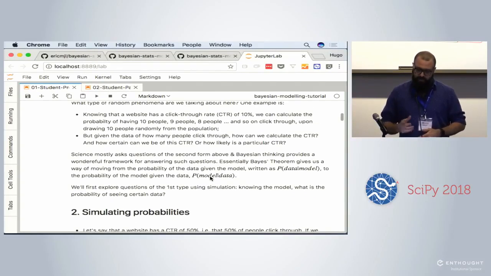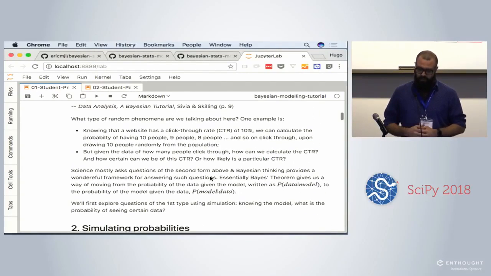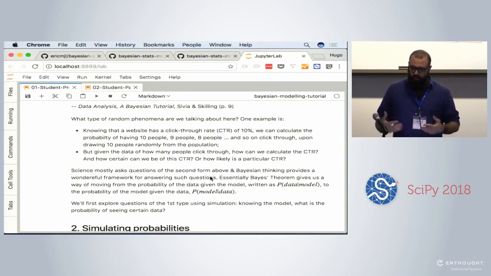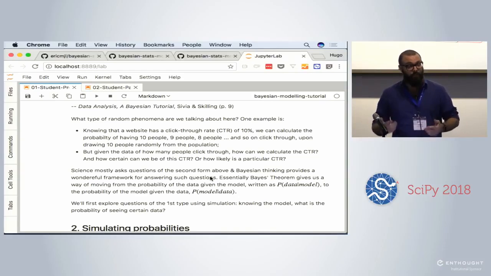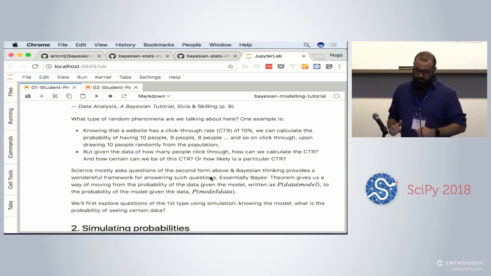So the example I give in this notebook, in terms of random probabilistic phenomena, is if you know that a website, for example, has a click-through rate of 10%, and that means that 10% of people who visit it will click through on a particular hyperlink to end up somewhere else, we can then calculate the probability of, when choosing 10 random people, having 9 people, 8 people, 7 people click through, okay?